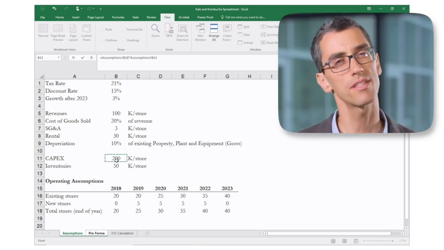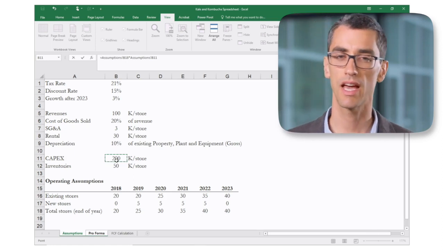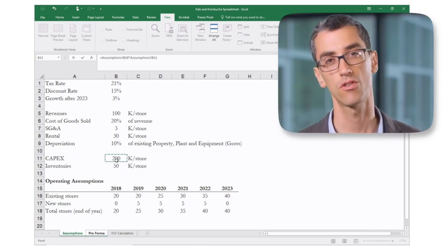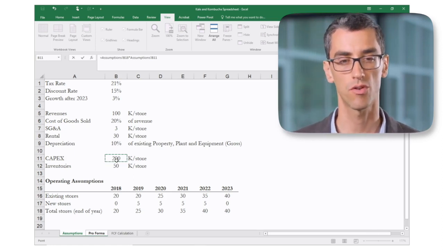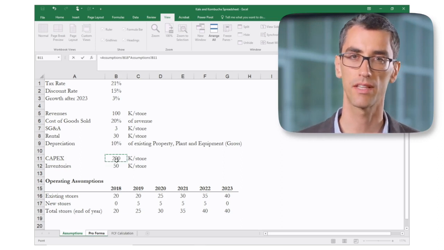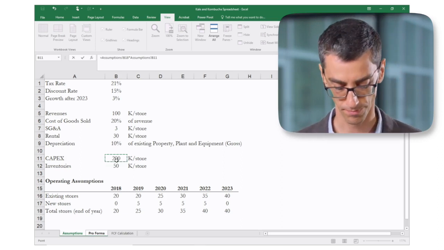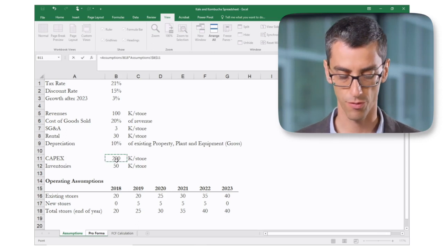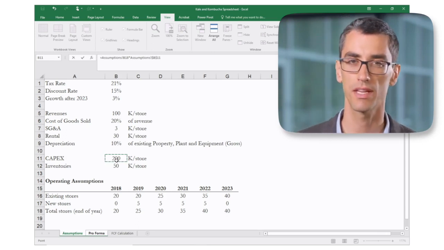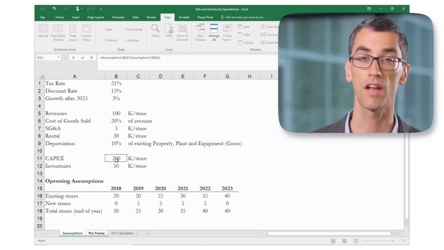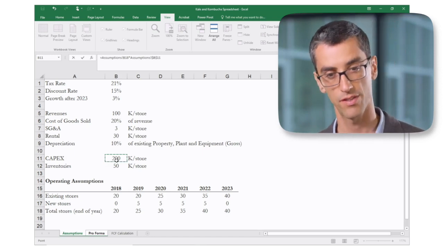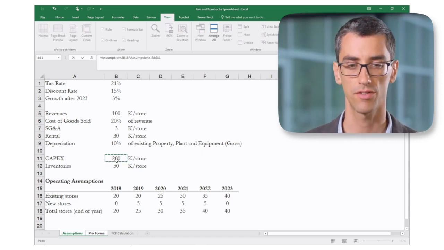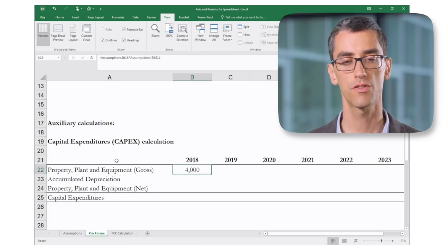And of course, here implicitly, there's this assumption that it has always cost us $200,000 to build out stores, and that is what is reflected in this gross amount. Remember to fix those $200,000 because that is not going to change over the next 6 years that we're projecting out. So this is $4 million.